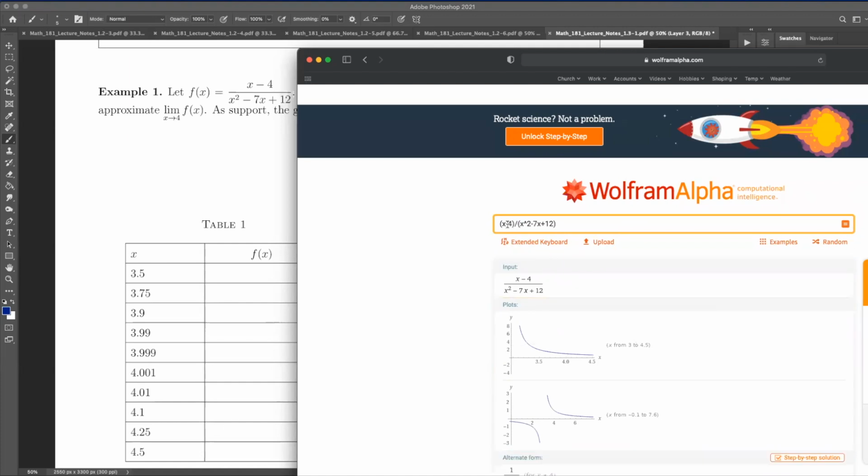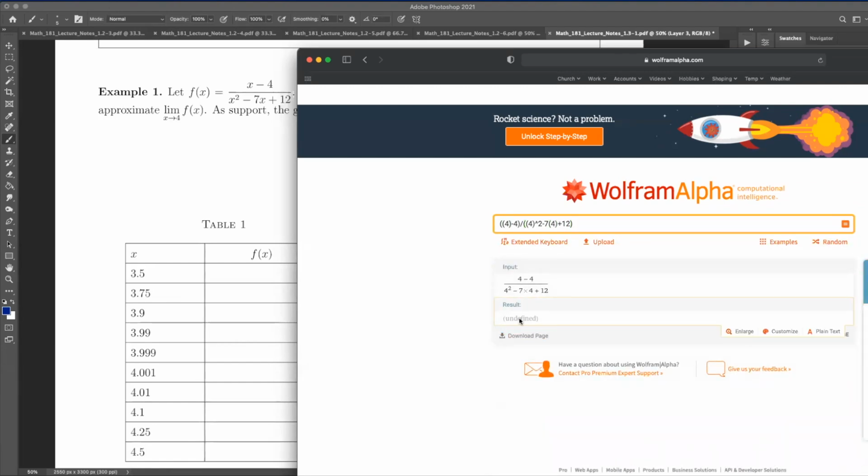It looks like this. But what happens when I set x equal to 4? Wherever I see an x, I'm going to plug in a 4. It's undefined, so I get nothing. If I ask you what is it at 4, you're going to say undefined.